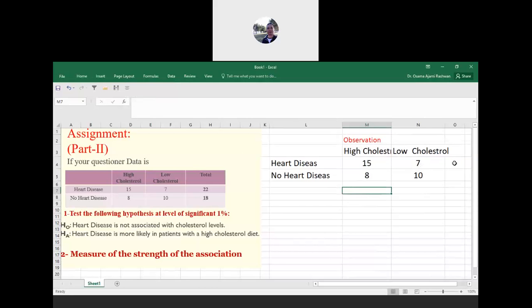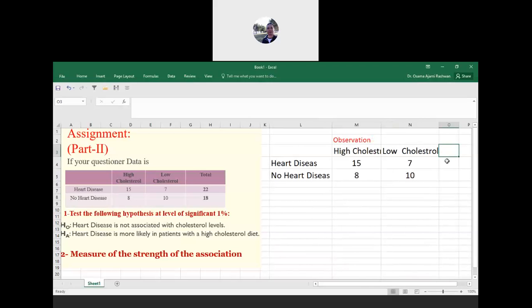Before I go for the expectation, I have to sum the rows and the columns, right? So here, 15 plus 7, 22. And here you have 18. Here you have 23. Here you have 17.